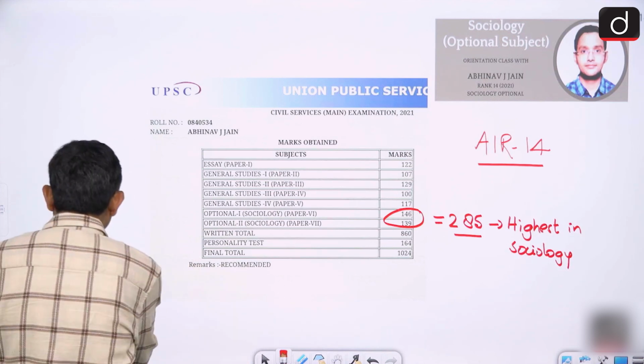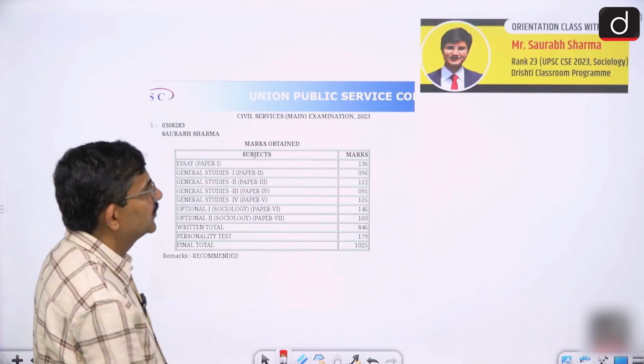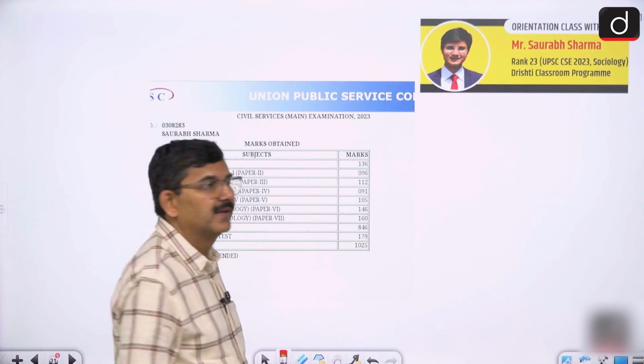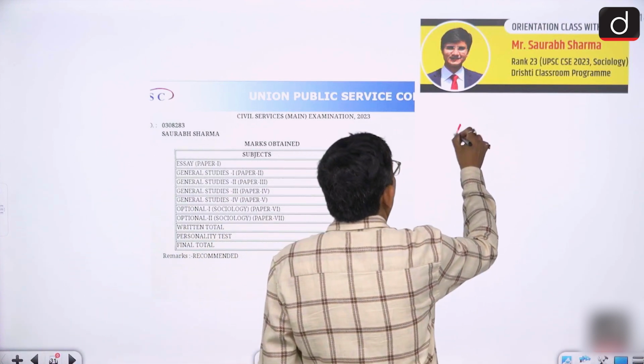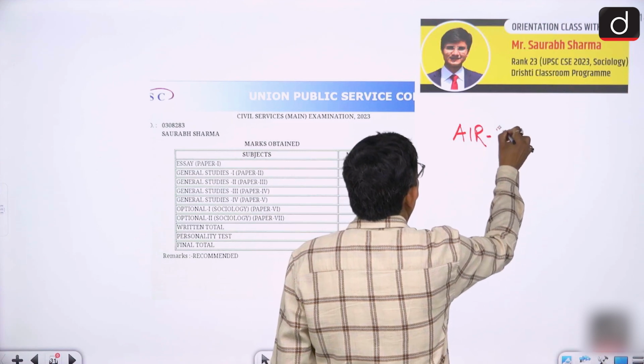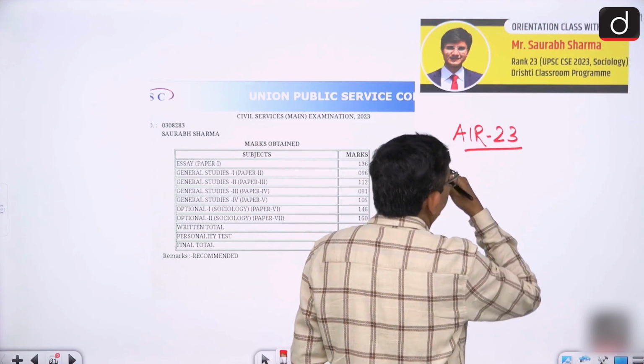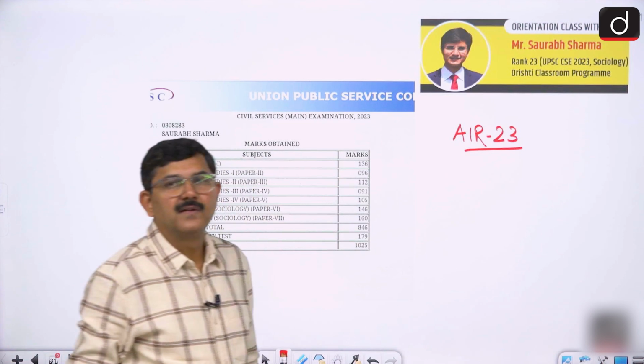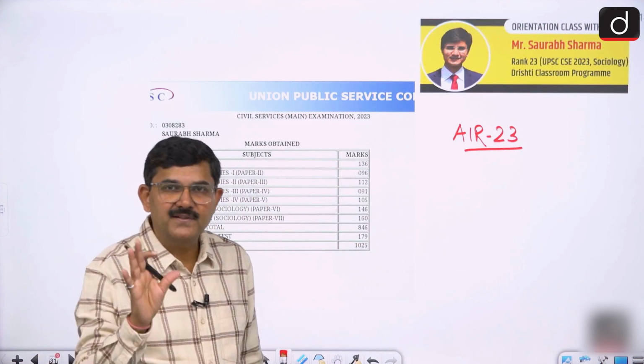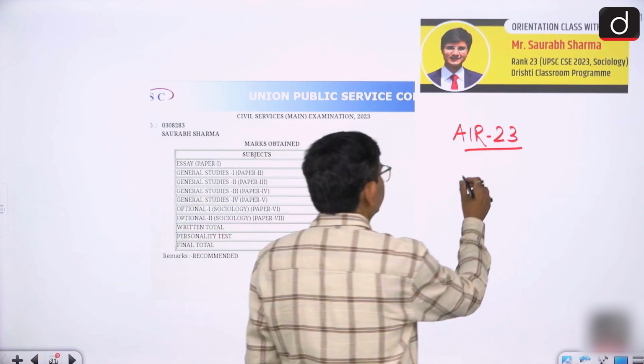Similarly, if I take some others, like Saurabh Sharma, he got AIR 23 last year. He got 23rd rank in his first attempt. It was his first attempt.